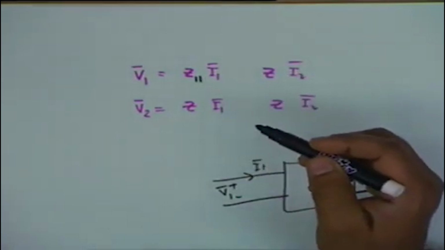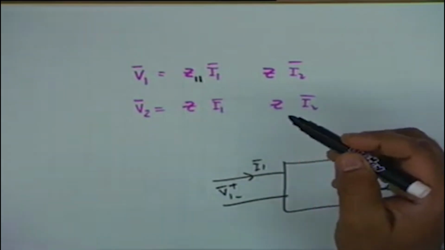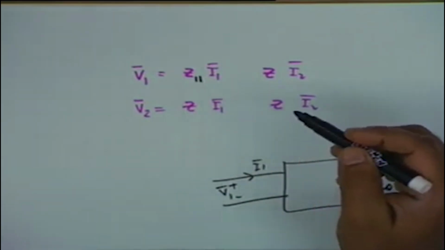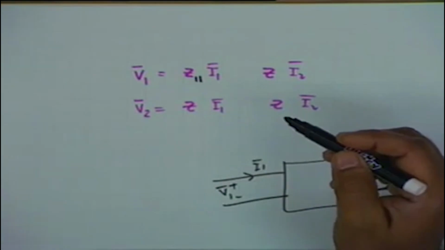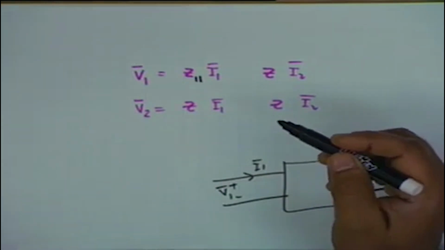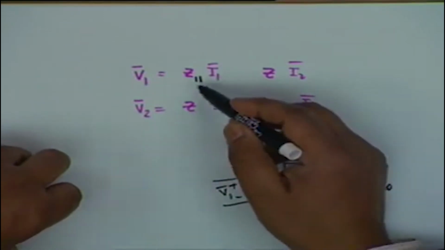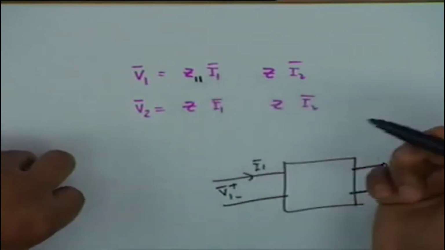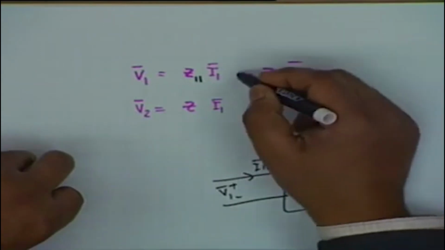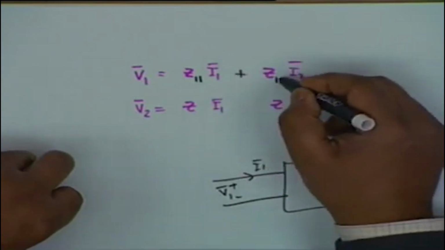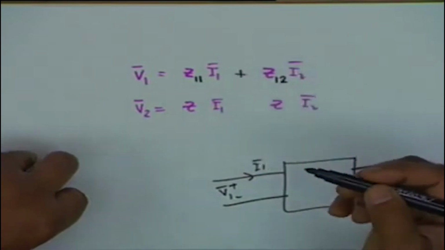Question is, why two subscripts? Well, two subscripts are needed because the transfer impedances require two subscripts. So to keep uniformity, we maintain two subscripts for the driving point impedances also, and from the same consideration this will be called Z12.